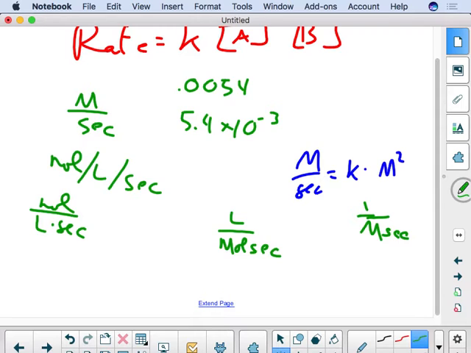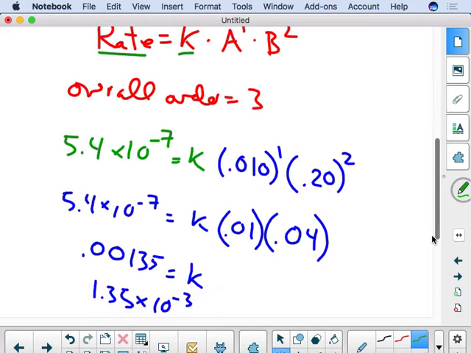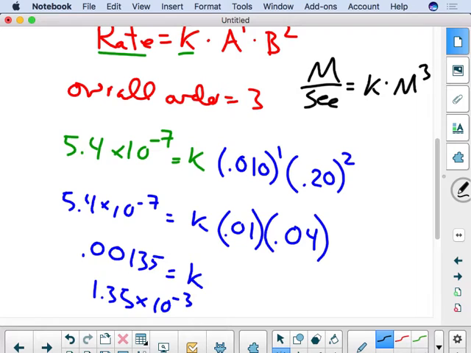Even worse, on the first problem we just did, what is the overall order of this reaction? 3. So this one, the rate again is molarity per second, and you've got K times molarity cubed. Molarity squared times molarity.